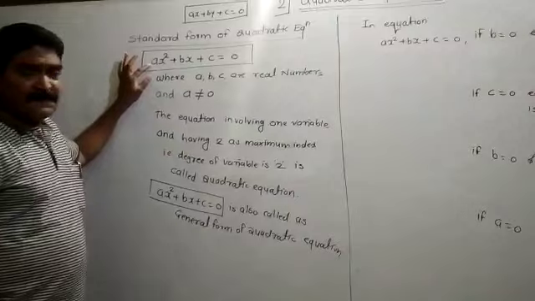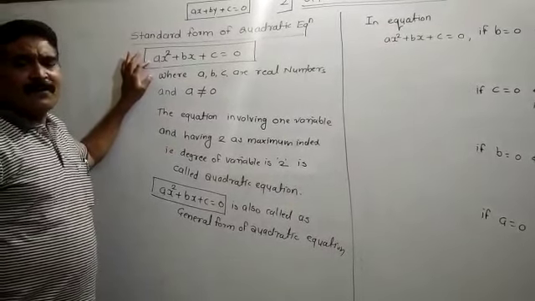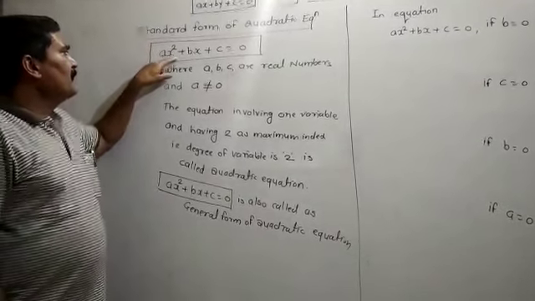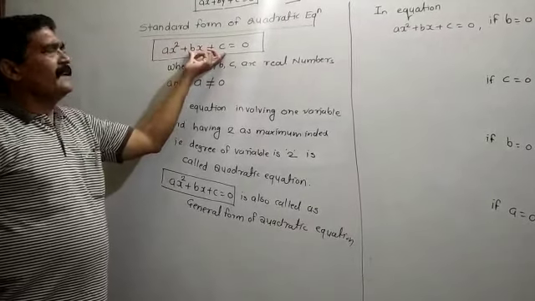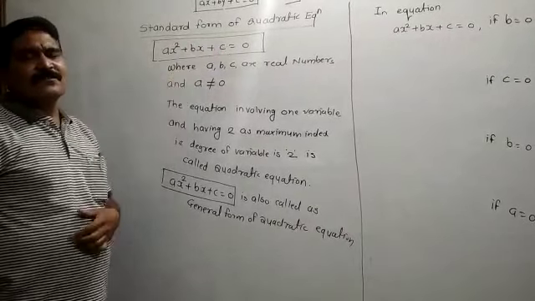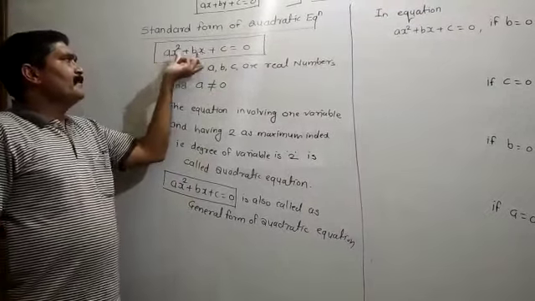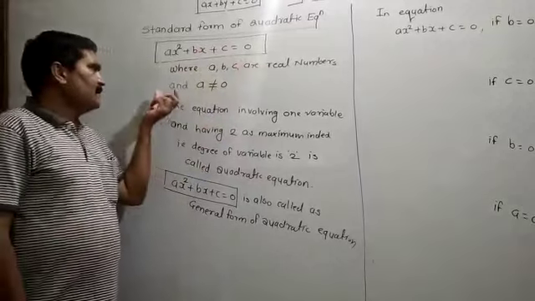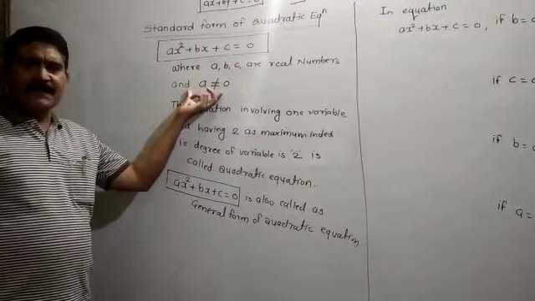But if a is equal to 0, at that time this is not the quadratic equation, because this term becomes 0, and then this is the linear form of the equation. So the standard form of the quadratic equation is ax square plus bx plus c is equal to 0, where a, b, c are real numbers and a is not equal to 0. Only a is not equal to 0 is the condition.